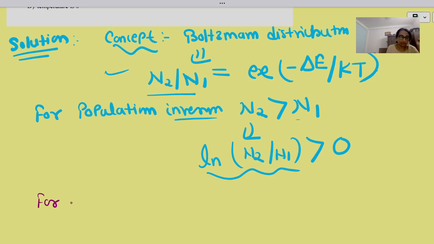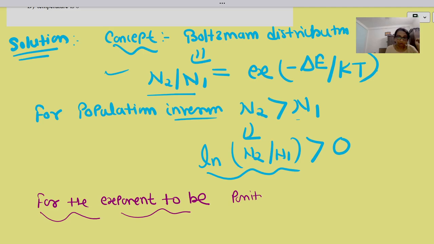So now we can solve like that. For the exponent to be positive, because the value of N2 is greater than N1, therefore the exponent is positive. And when the exponent is positive, definitely T, the temperature, must be negative.